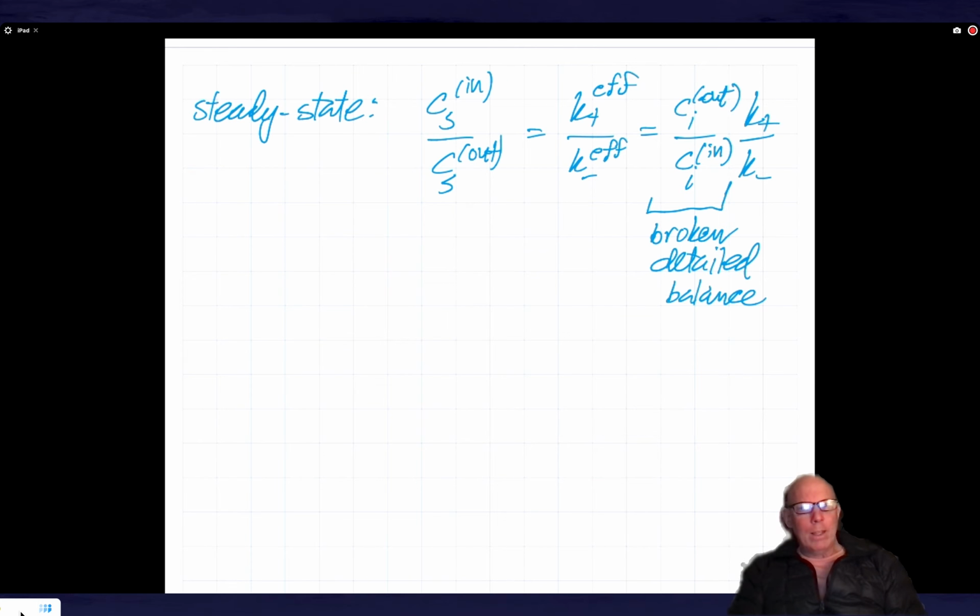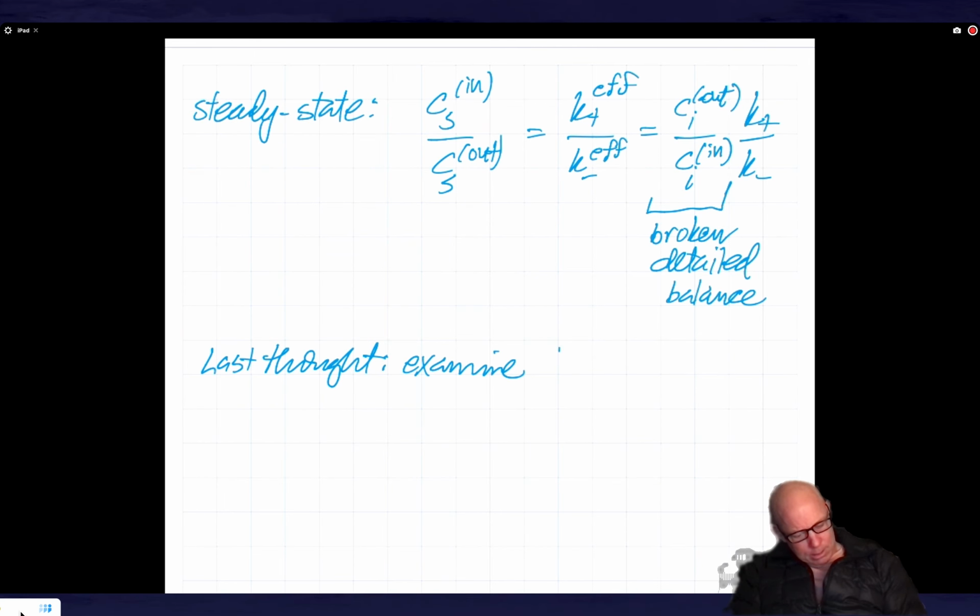Let's do one last step of dissection here. So the last thought is to examine this c_I out over c_I in.